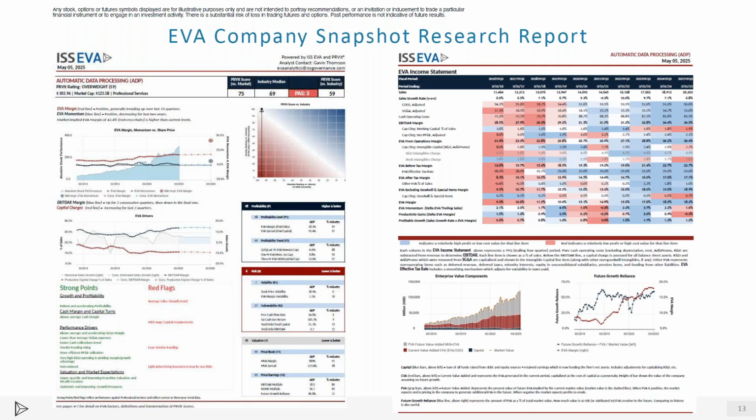So we're going to run through the next few slides looking at the different forms of research content available on the IBKR platform. This one starts with the company snapshot report, which is updated each time we have a recommendation change. As I said earlier, we cover 29,000 companies, and all 29,000 companies will have a company snapshot report produced at the time of a recommendation change.